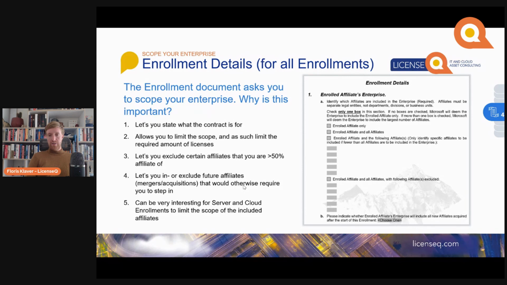This can be very interesting for server and cloud enrollments because it allows you very much to scope your organization, and as such, you can scope which licenses are included and not.